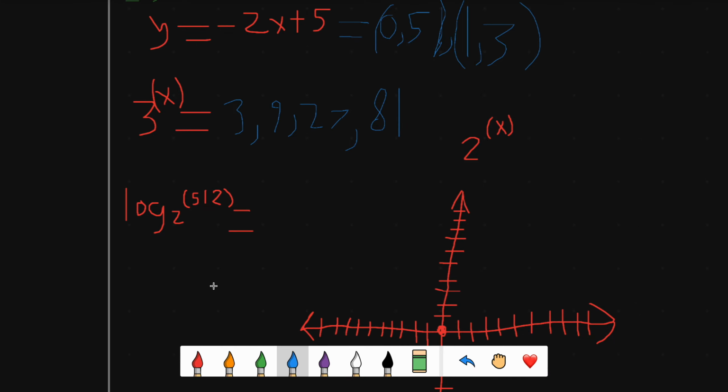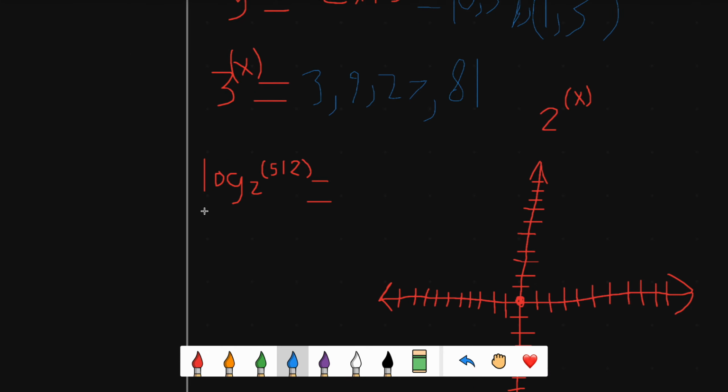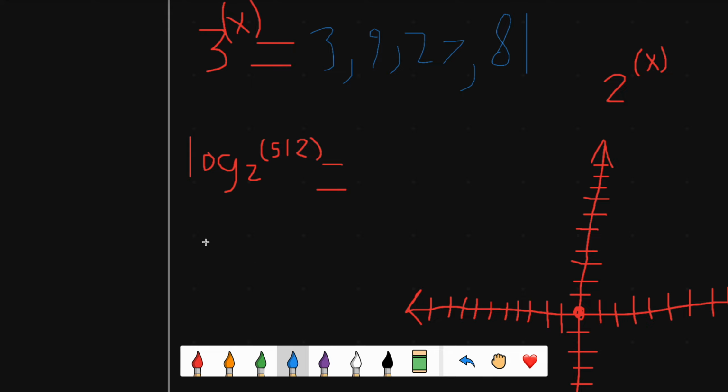So log base 2 of 512. How do you solve this? Let's take log base 3 of 9. What is the answer? 3 to the power of what would equal 9? It will be 2.